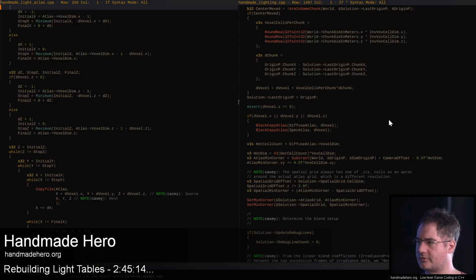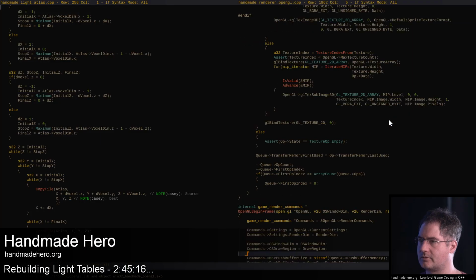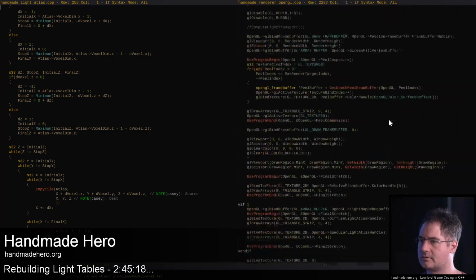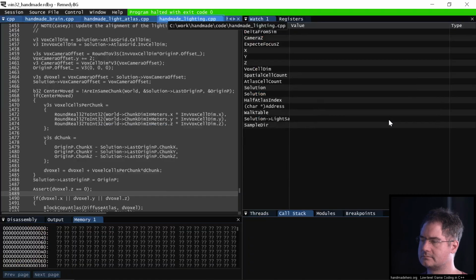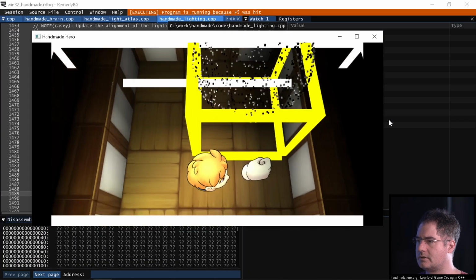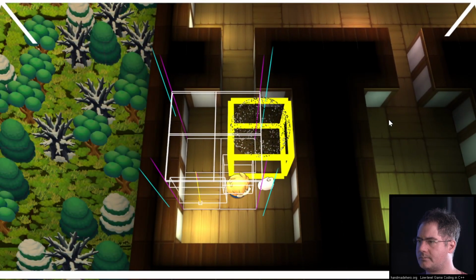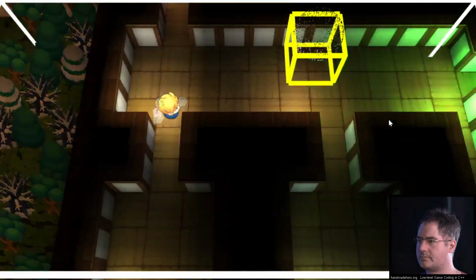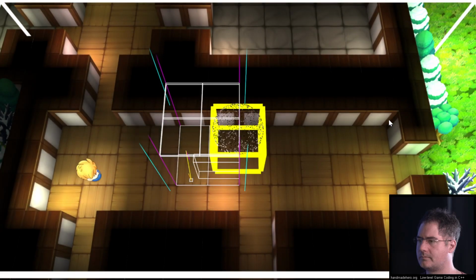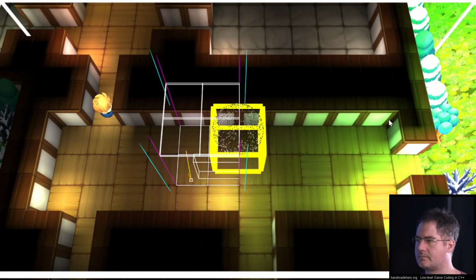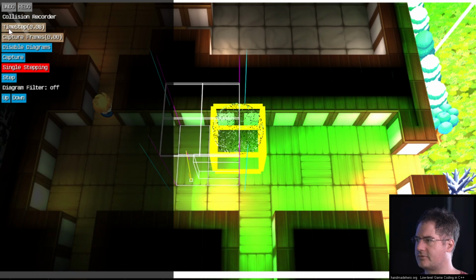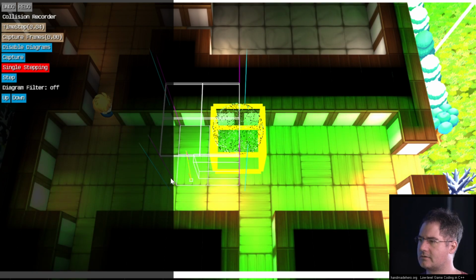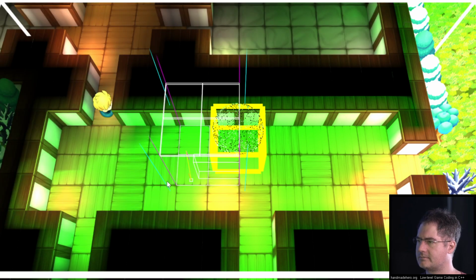I'm going to turn off those overlays because I don't really need them at the immediate moment. I might also be interested in a very slowed down version just to see what's happening.